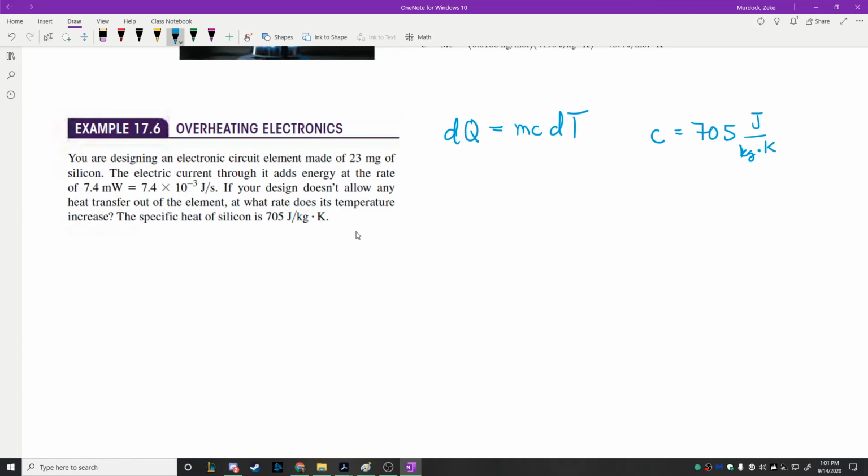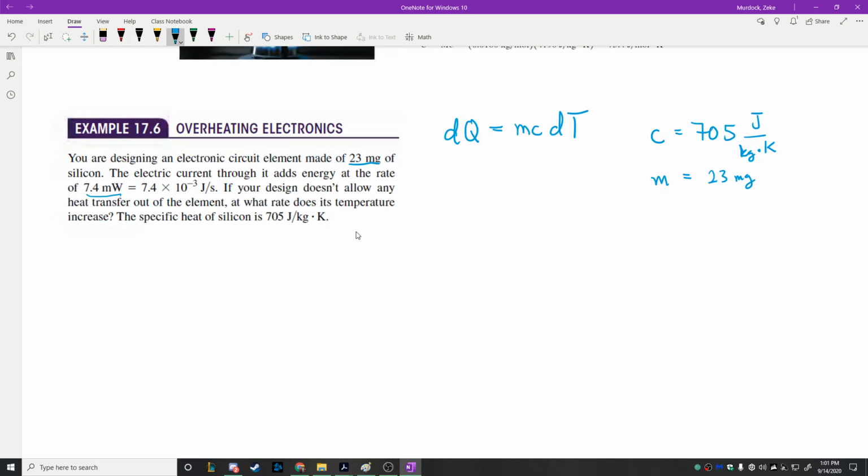What are we given on this problem? You're given mass, right? So we've got m and we've got c. Then how do we use this dQ and this dT here? T is temperature, Q is heat, or energy. It says the electric current through it adds energy at the rate of 7.4 milliwatts. So what is 7.4 milliwatts?